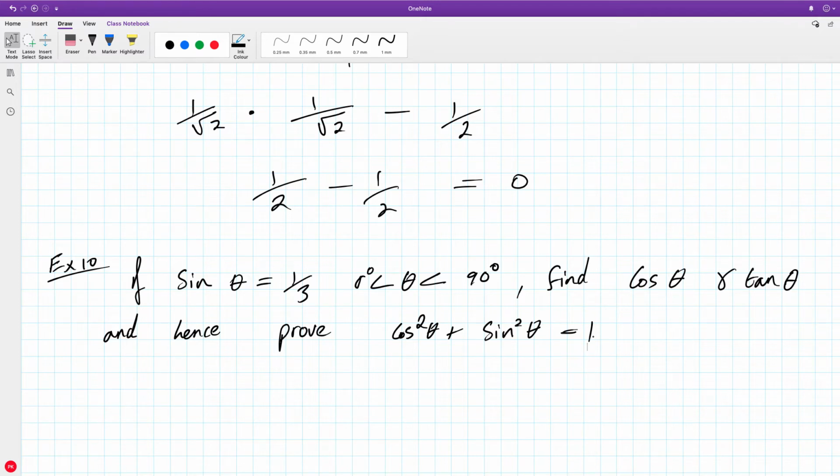Just got to label the sides of the triangle right. How do we find the third side? Pythagoras theorem, exactly.